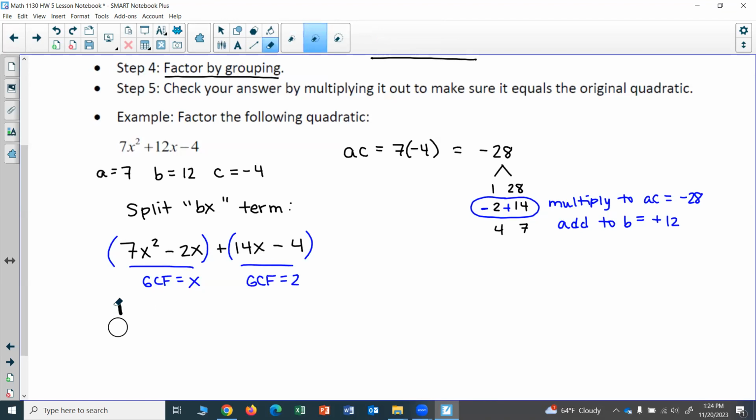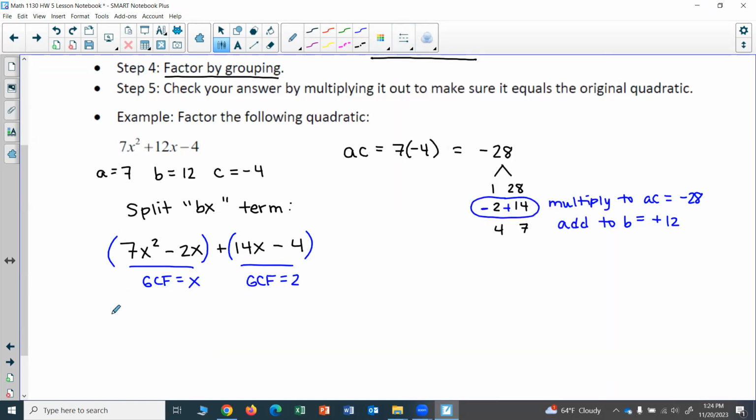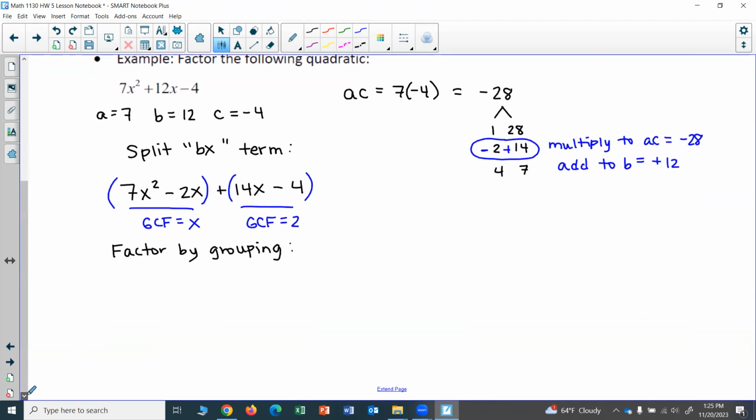And so when I factor by grouping, okay, so now I factor by grouping. I'll pull out the GCF from the first two terms. So I'll pull out the x, and in parentheses, I get 7x minus 2.